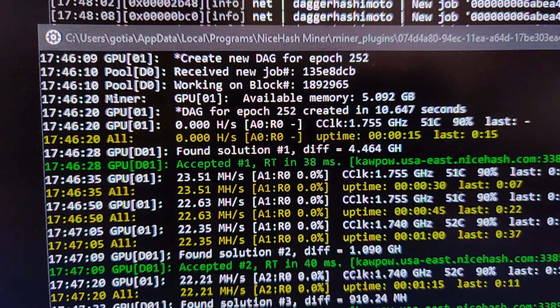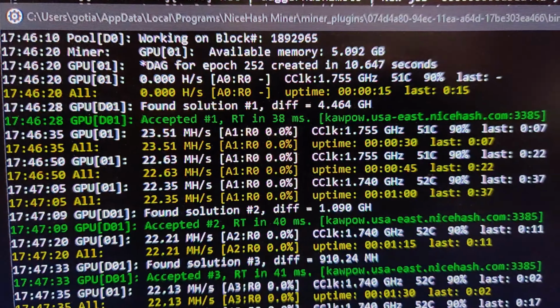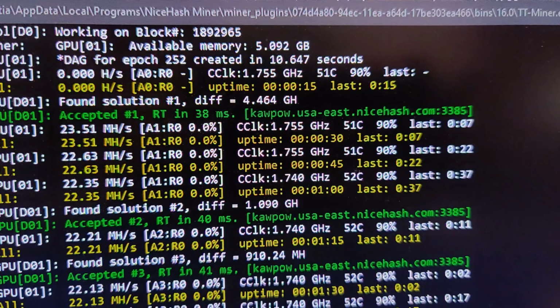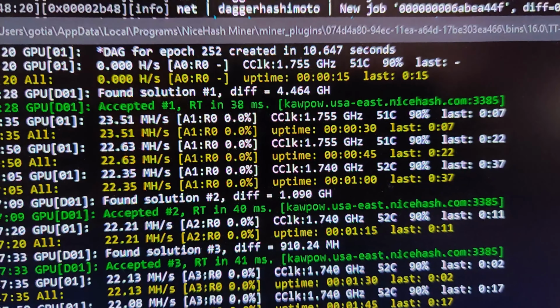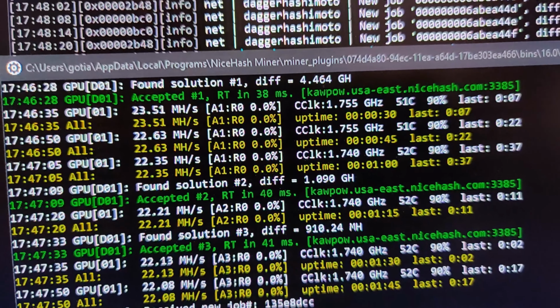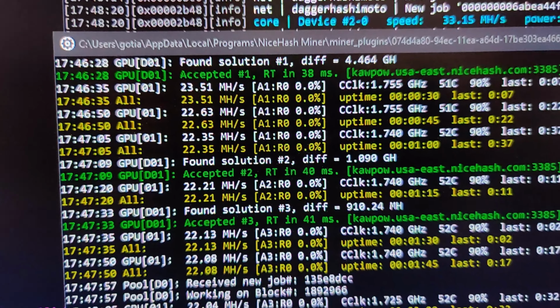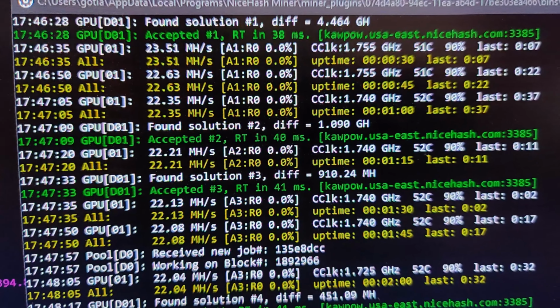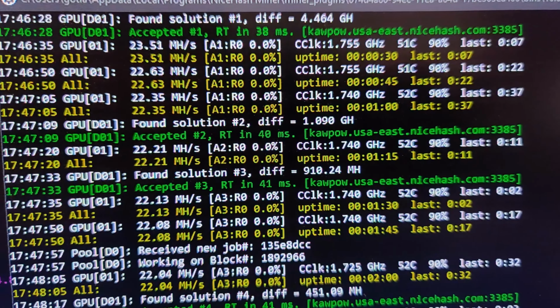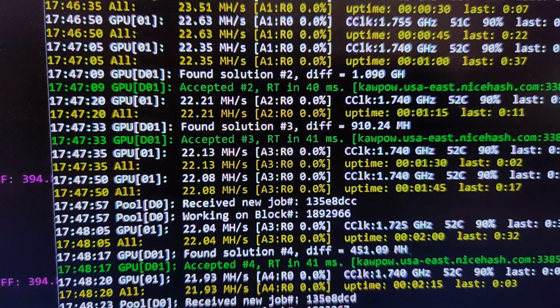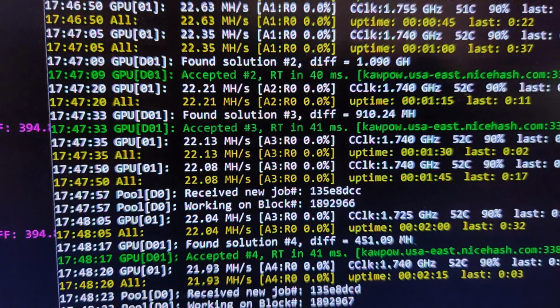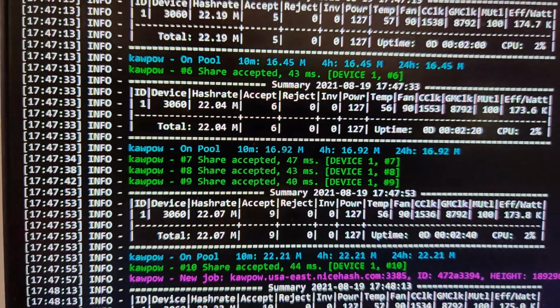Again, this is power limited even more though. I wish it would show my efficiency. It's not showing me the efficiency here, or I can't see it anyway. I wonder why it's not showing the efficiency. Interesting. That's okay. The efficiency is actually less than the 3060's.